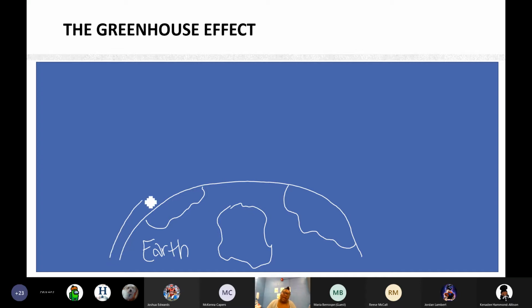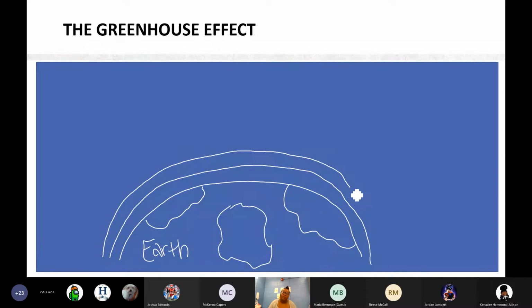We then are going to have our troposphere here. Remember, that's the layer closest to our Earth. Then we're going to have a thinner layer. That's our stratosphere. And at the very top of our stratosphere, where that dotted line is, this is our ozone layer.